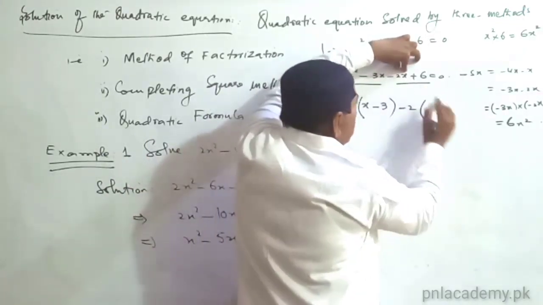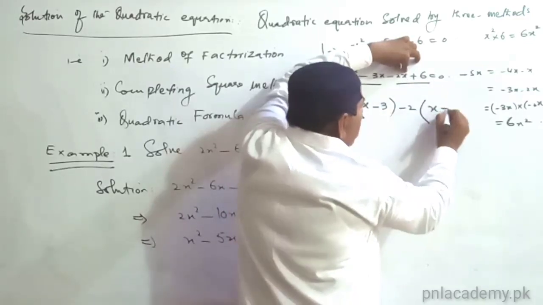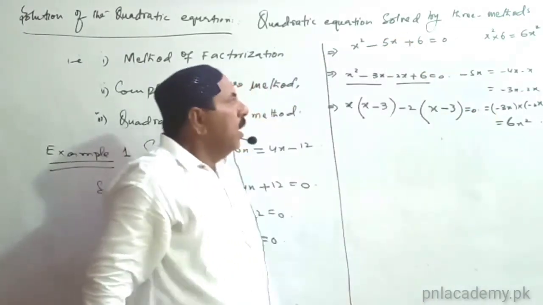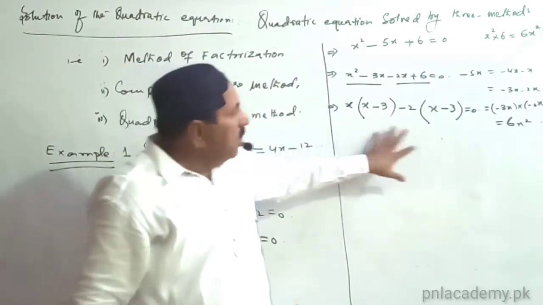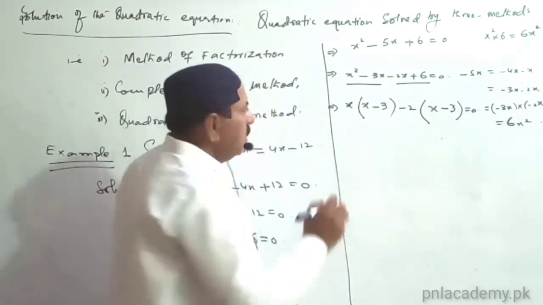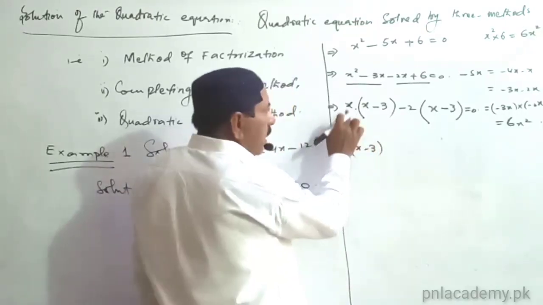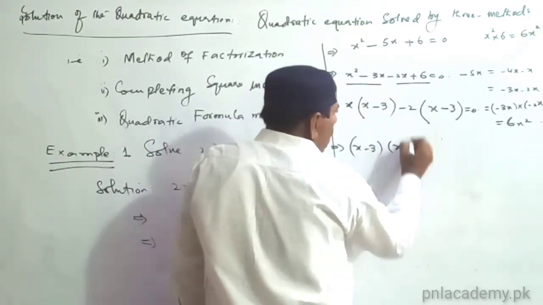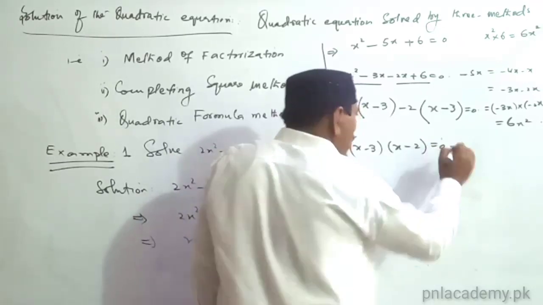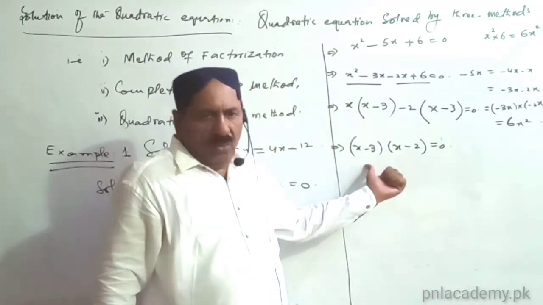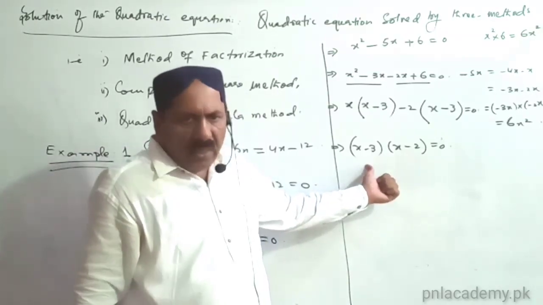The remaining is x, minus 3, equal to 0. Now again, in both terms, x minus 3 is common. So taking x minus 3 as common, here remaining is x, here remaining is minus 2, is equal to 0. So here is the product of 2 terms, 2 factors.